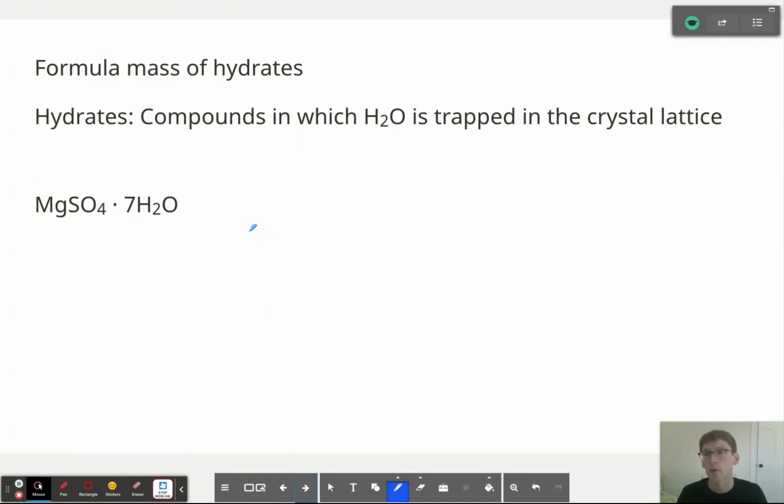Next, we have formula mass, but for hydrates. Hydrates are compounds that have molecules of water trapped in their crystal lattice, and the molecules of water will exist in a specific ratio with the compound, the rest of the compound, I should say.